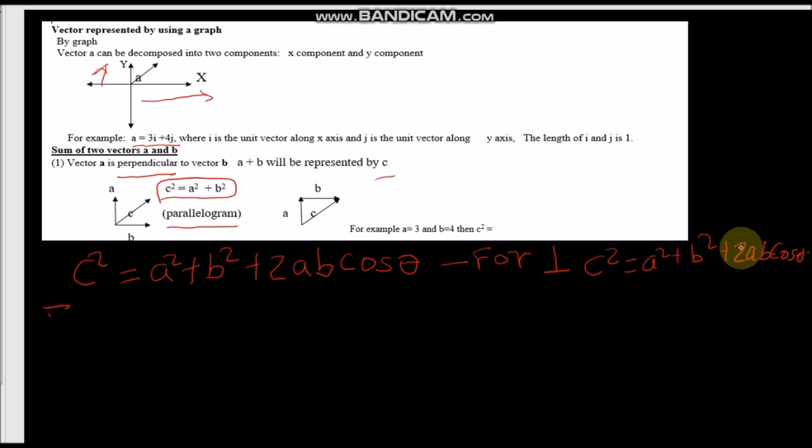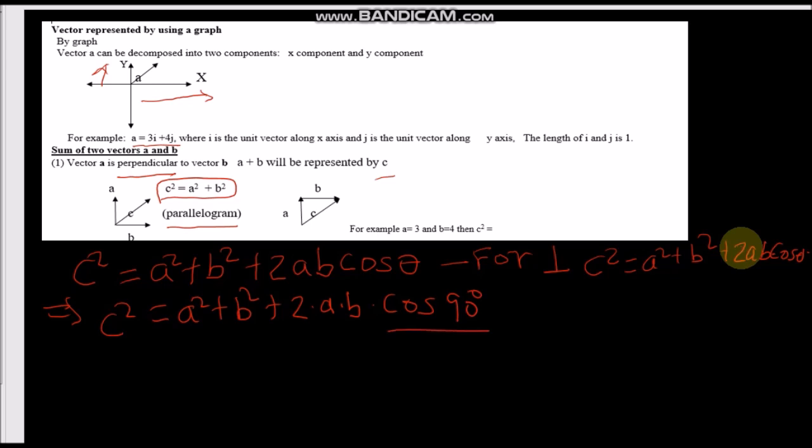Now this implies the value of C square is equal to A square plus B square plus twice of A vector times B vector times cos 90 degree.